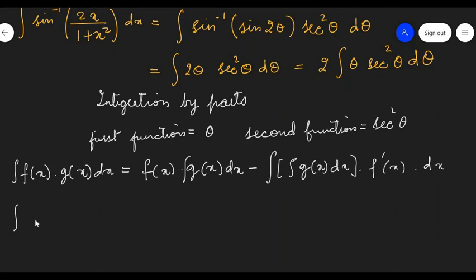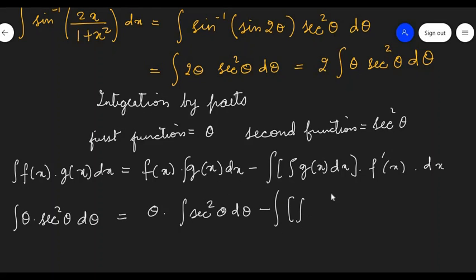So we can write that integration of theta sec square theta d theta is, so f of x, that is first function, which will be theta, into integration of second function, which will be integration of sec square theta d theta, minus integration of sec square theta d theta into differentiation of theta and whole d theta. Let's also call this equation as equation number 1.